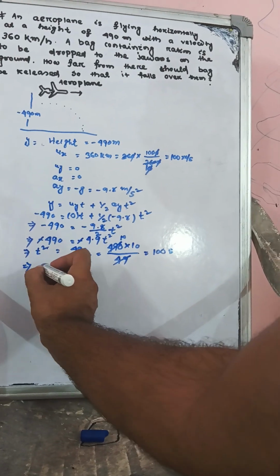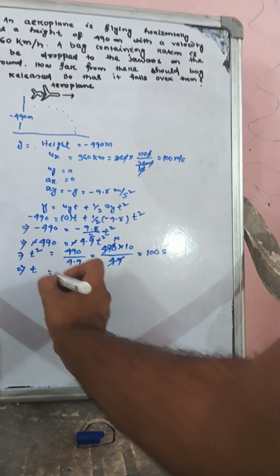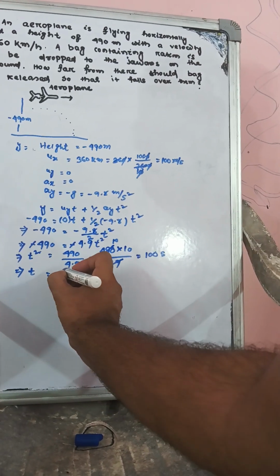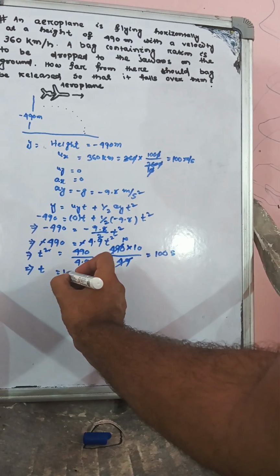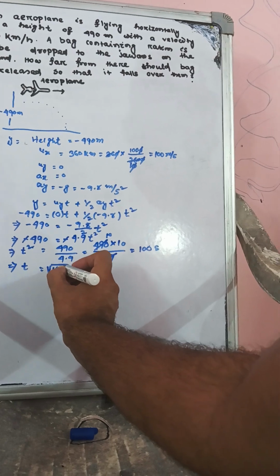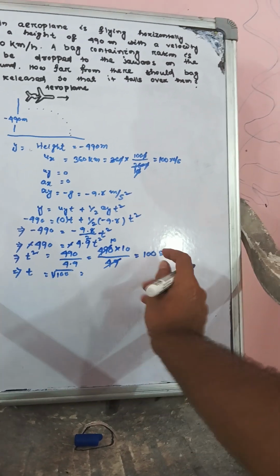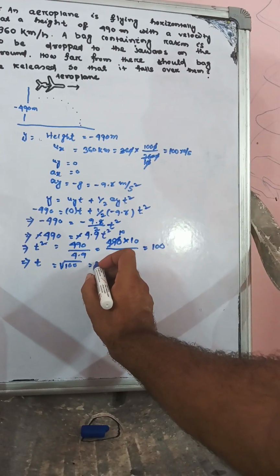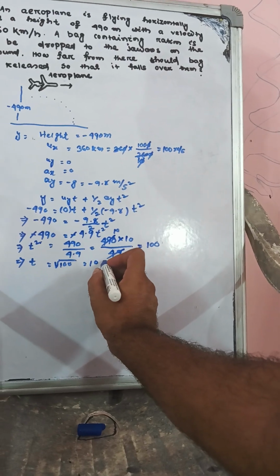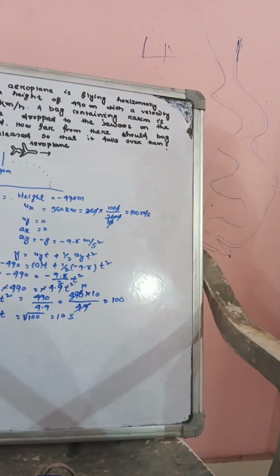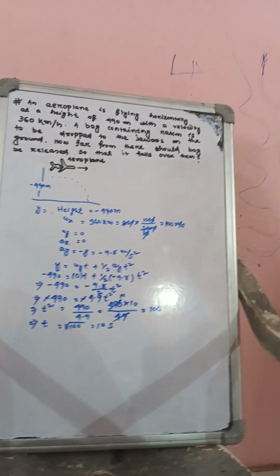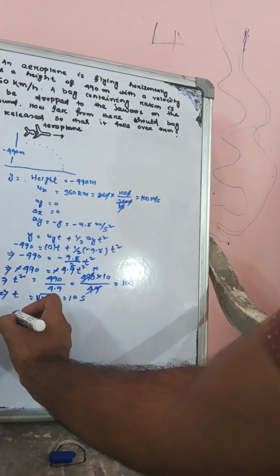This implies that t is equal to square root of 100, which is 10 second. Clear? T is equal to 10 second.